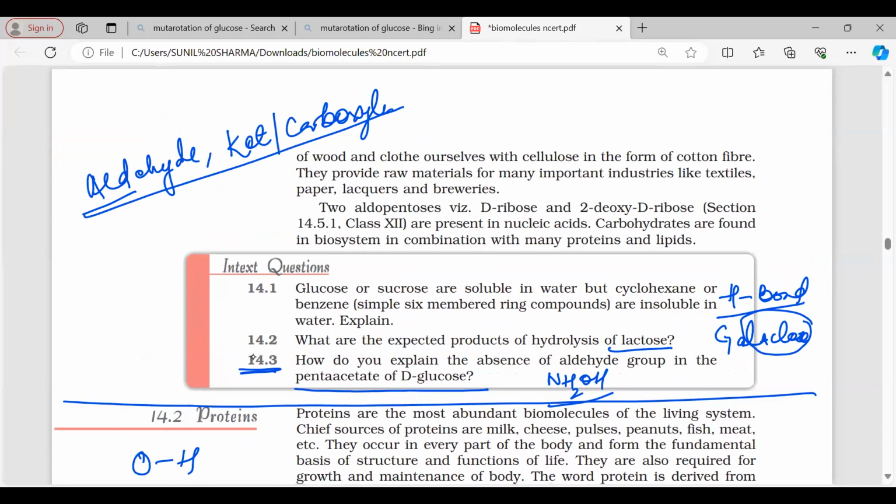Understood? Subjective or objective? We will keep it subjective. In this I will put some of my selected questions. It will be a subjective test. We will do some conversions, some distinguish questions, some missing links. Please prepare the chapter, the most important chapter.